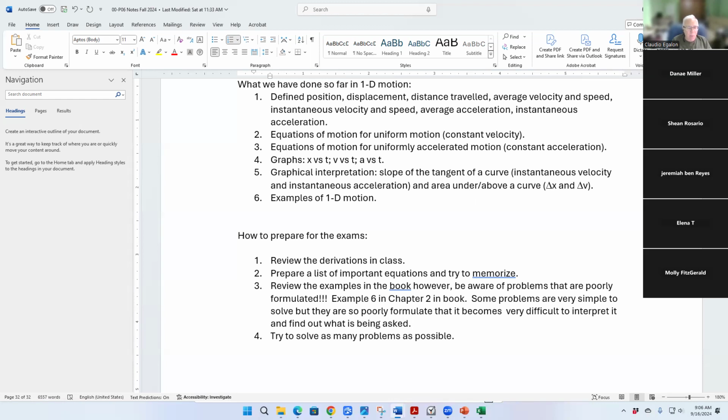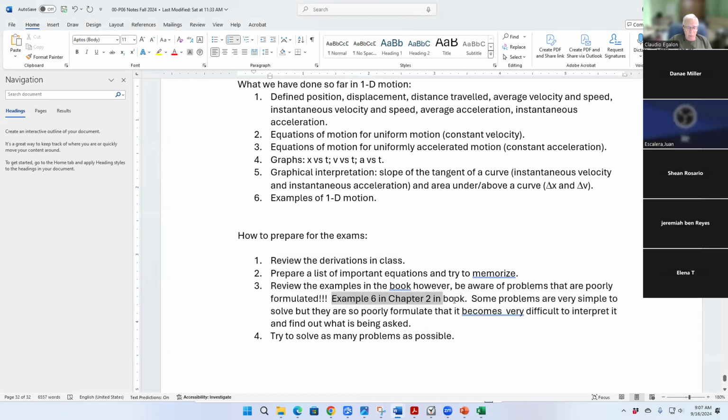So be aware of that. Try to solve as many problems as possible. Those are the 4 items that I want you to concentrate on.